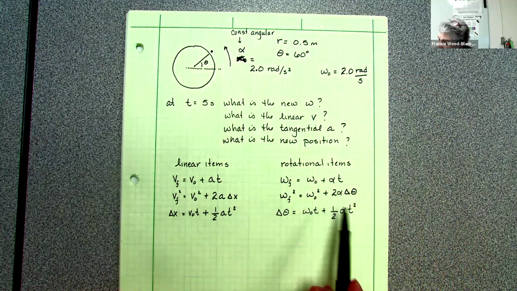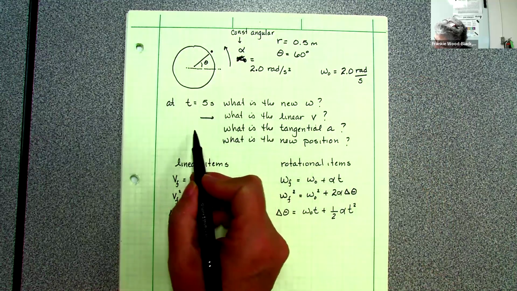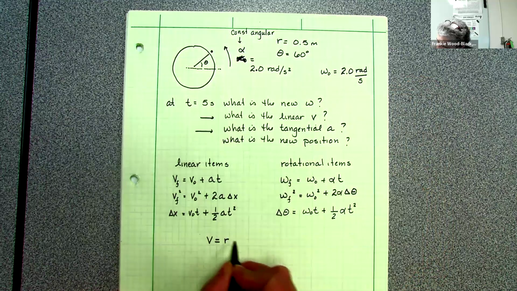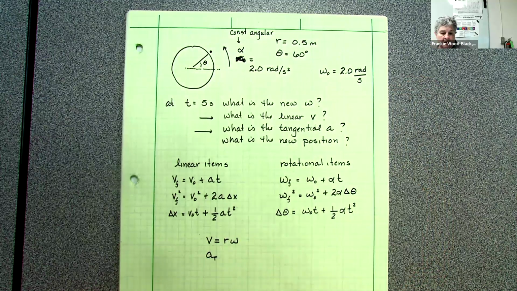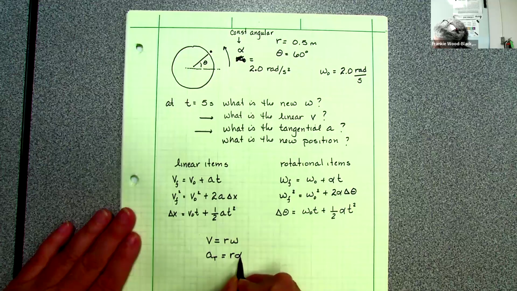We have our toolkit, but we also want linear velocity and tangential velocity. My linear velocity is going to equal R omega, and my tangential acceleration is going to be equal to R alpha.